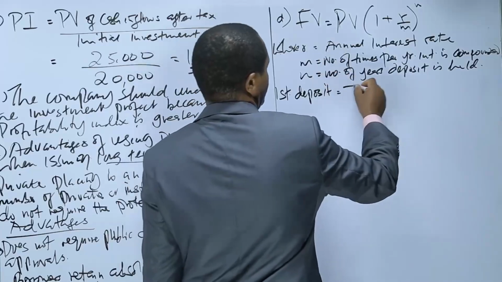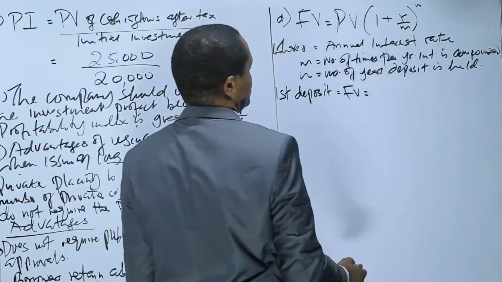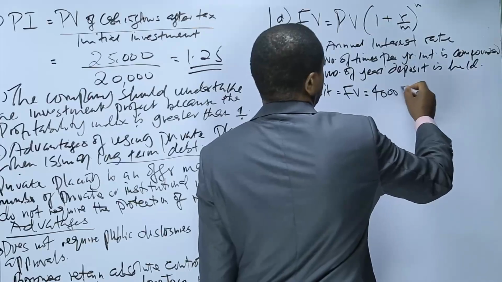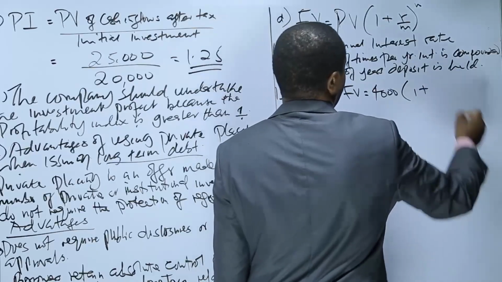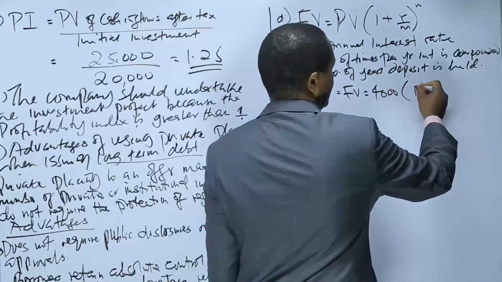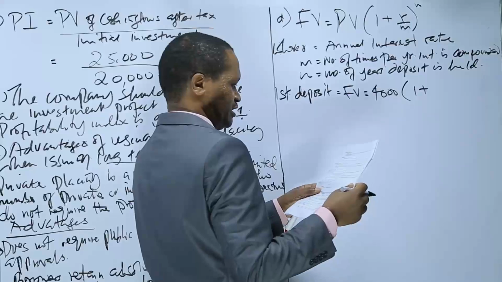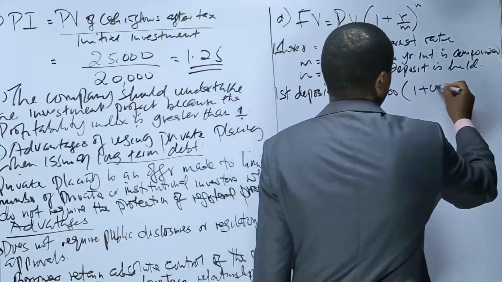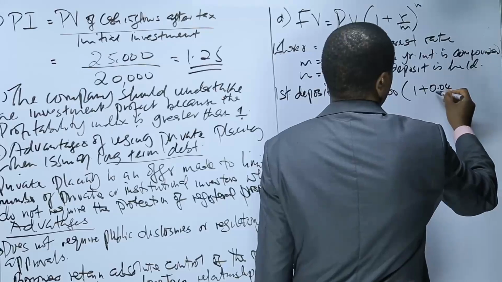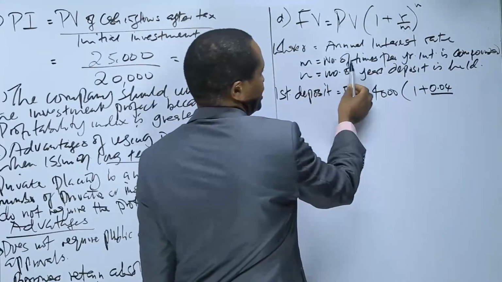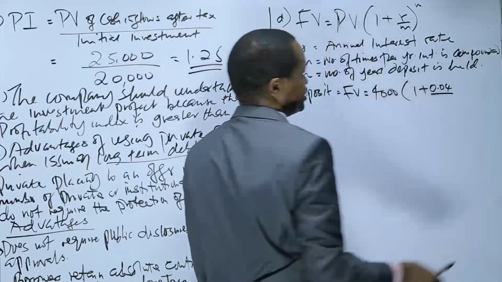The formula: the future value will be equal to the present value, which is 4,000, into 1 plus R. R is the annual interest rate, 4%, in decimal 0.04. We divide by M, the number of times per year interest is compounded.